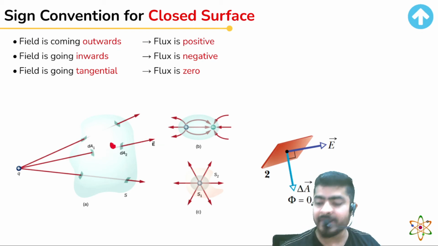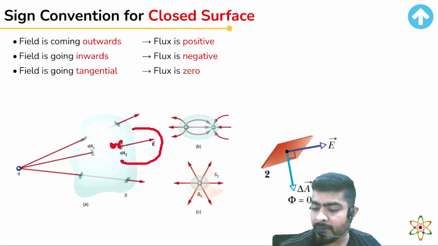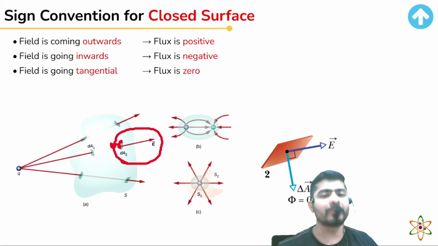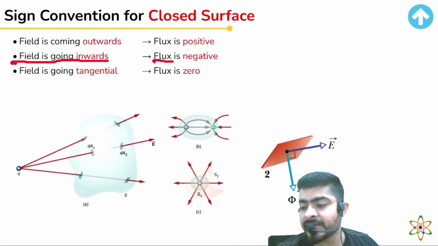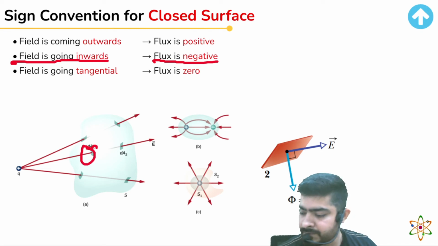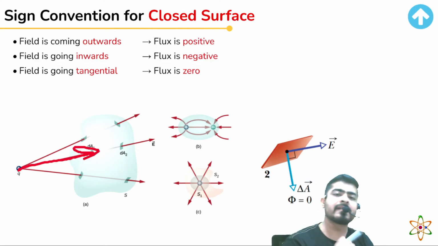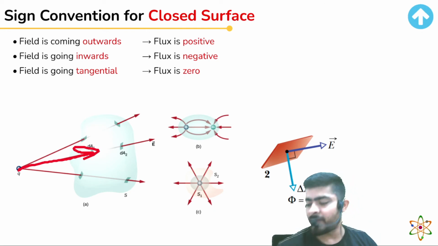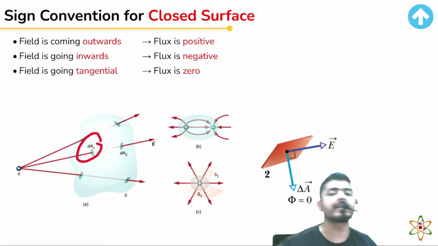At this point, field is coming out of the surface. So over here, flux will be positive. Next, field going inwards, flux is negative. Observe this point now. Here the field is going inside the surface, so you get negative flux. So at this point flux will be negative.